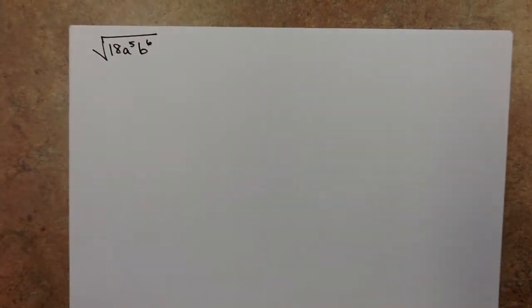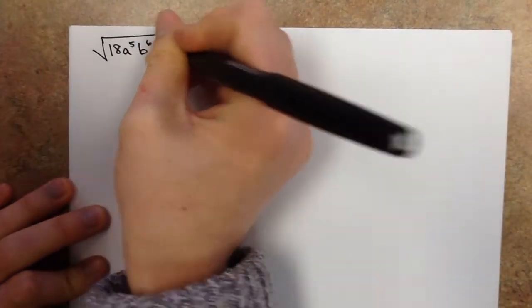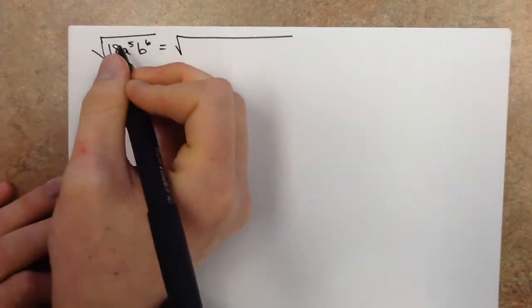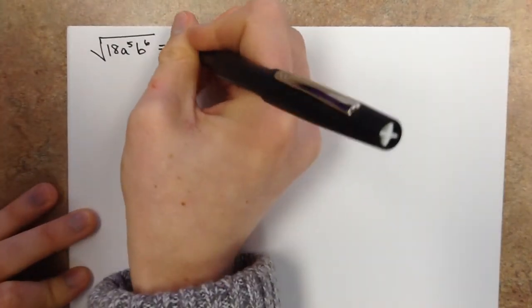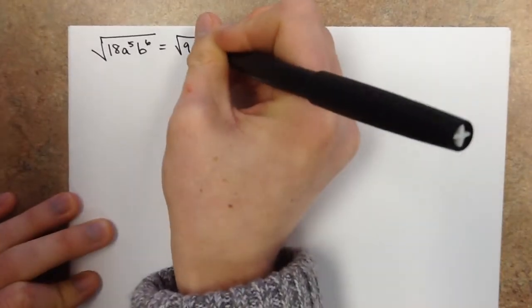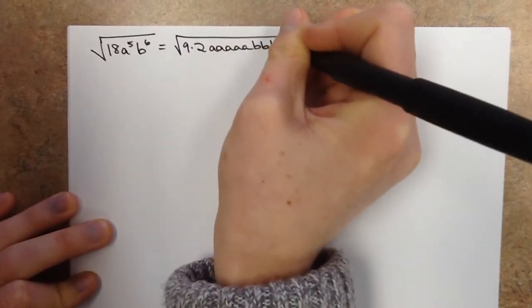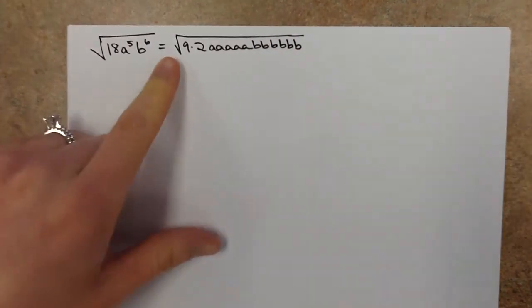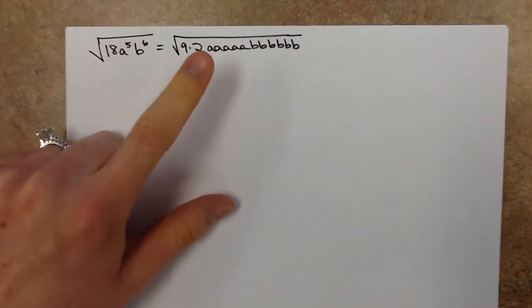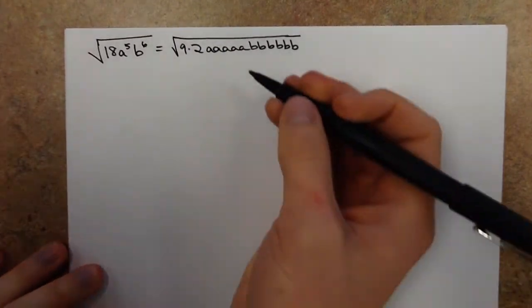So square root of this, and we learned to simplify it up. So this is the one where we wrote out everything. So 18 isn't a perfect square, but 9 is. So we have 9 times 2, 5 copies of A, 6 copies of B. And since we're taking a square root, we're looking for buddies, pairs, things that multiply by themselves.